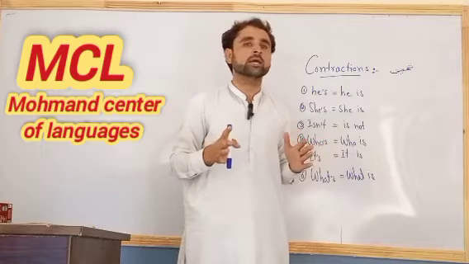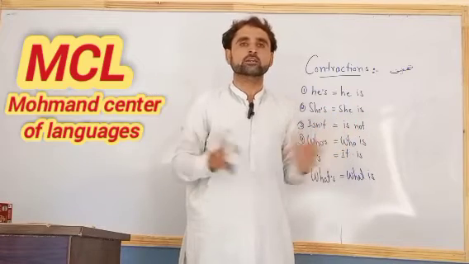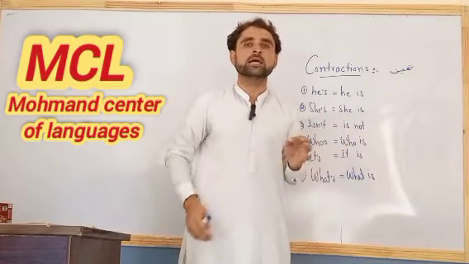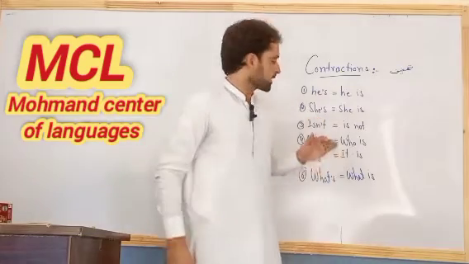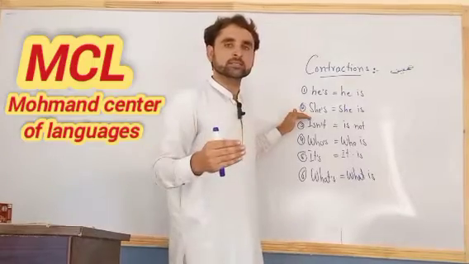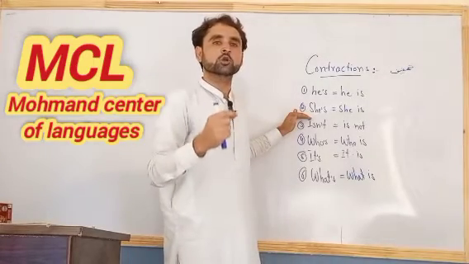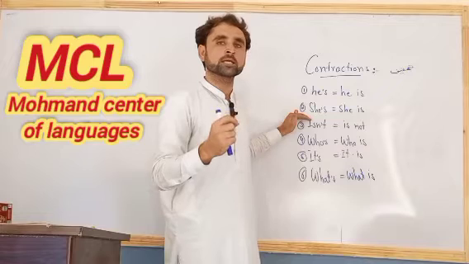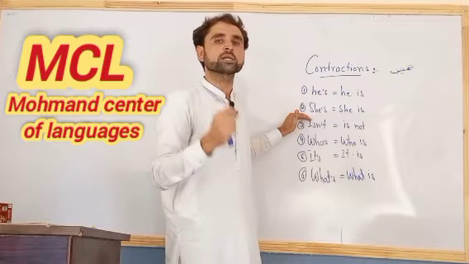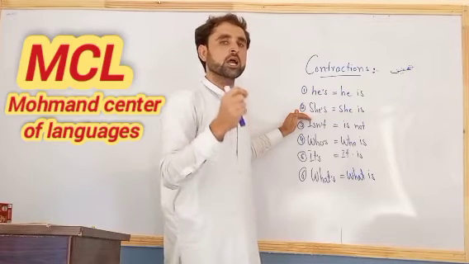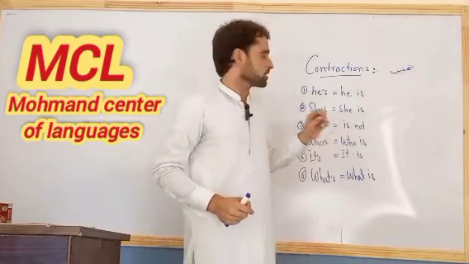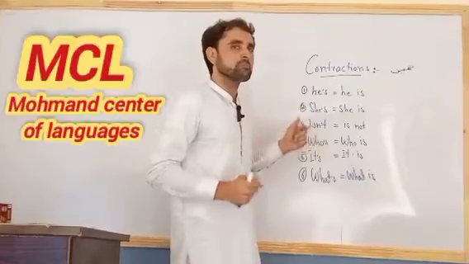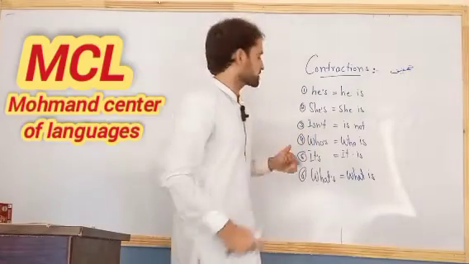He is equals he's. Number two, she is equals "she apostrophe s", which has the meaning of she's. He's and she's mean he is and she is.